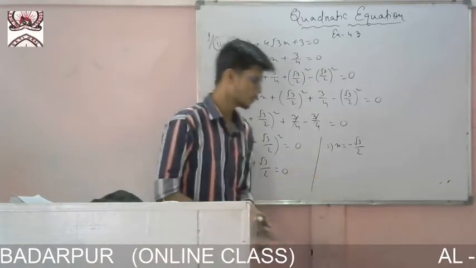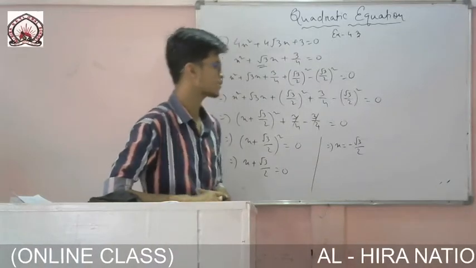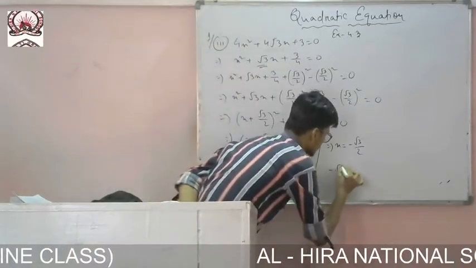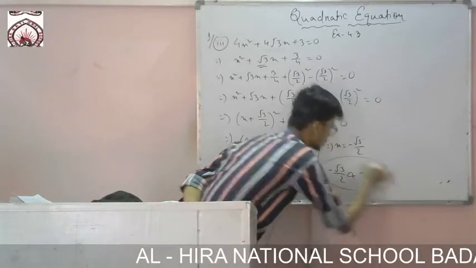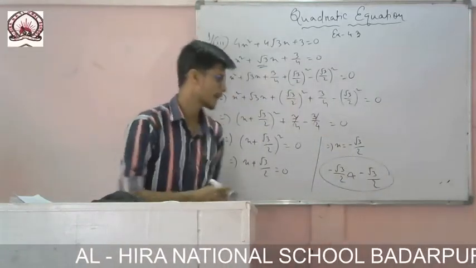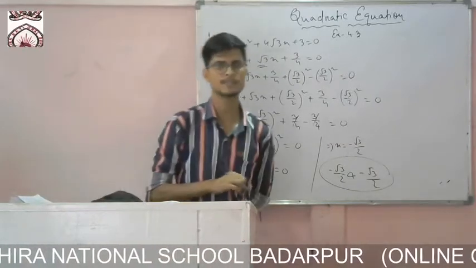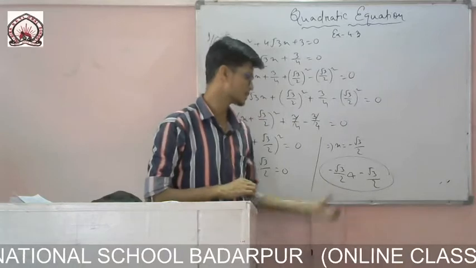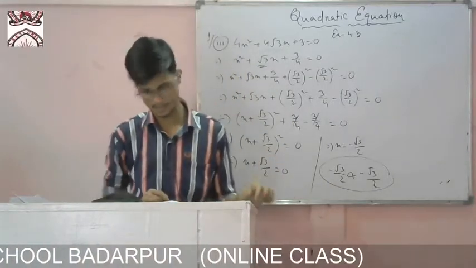So hence the equal roots of the equation are, you write, minus root 3 by 2 and minus root 3 by 2. Always two roots will be there. Okay, so you write like this: hence the equal roots of the equation are minus root 3 by 2 and minus root 3 by 2. You write that line.